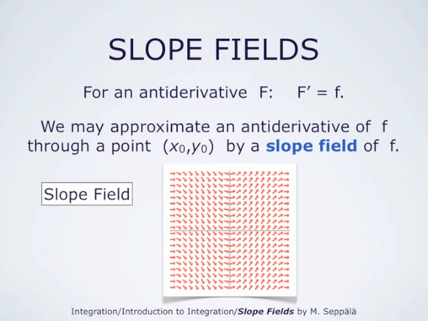So we may approximate an antiderivative through a given point x0, y0 by a slope field of f. And the slope field is formed by drawing small arrows whose slope is given by this function small case f. I will discuss that next in an example.